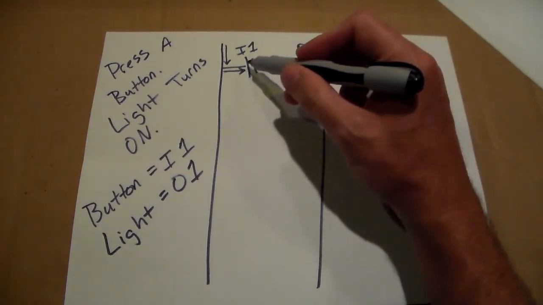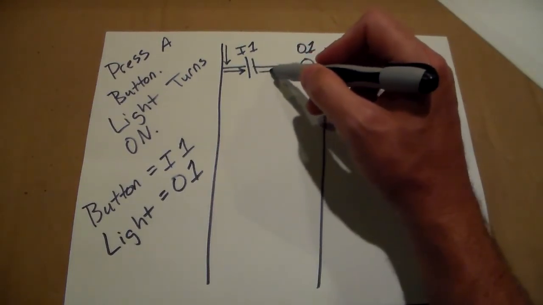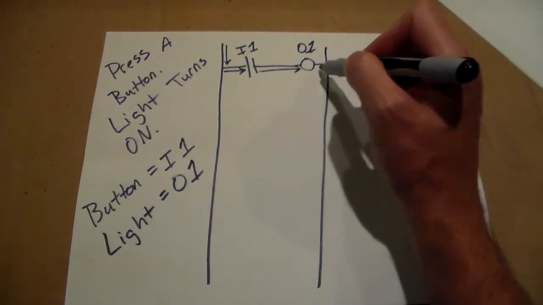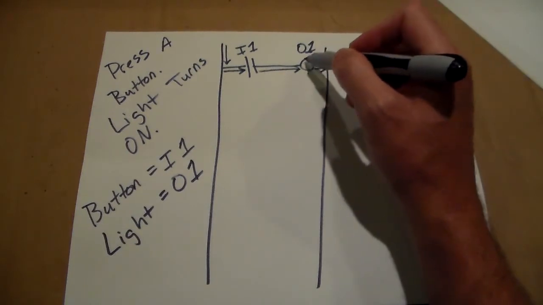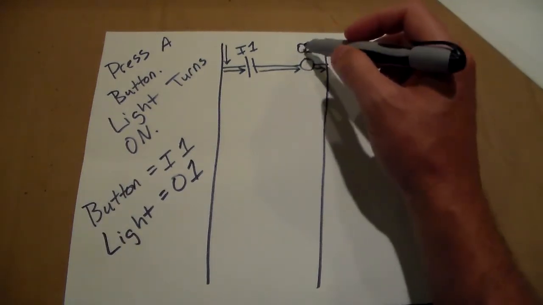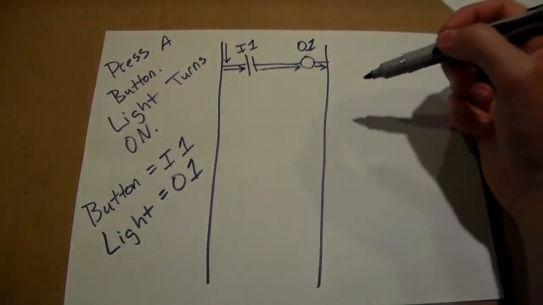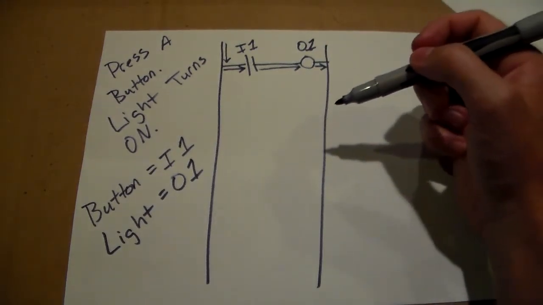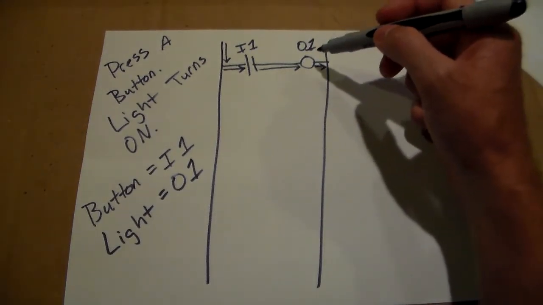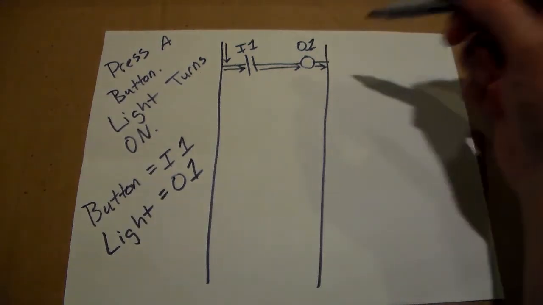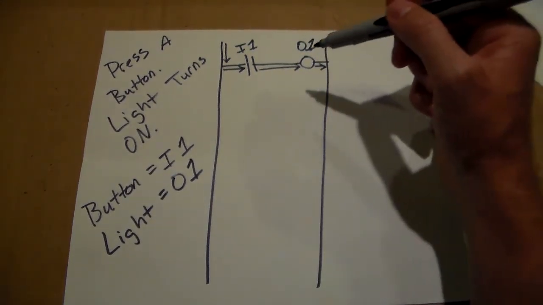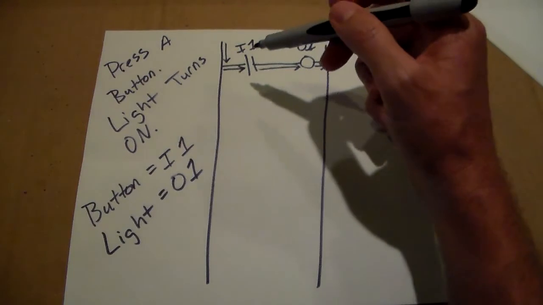When it gets to step 2, it's going to say, oh, I1's on, let me go ahead and let the logic flow, right? And it's going to say the output O1 needs to be turned on. Step 3 is actually update the outputs, which means turn power on the O1 terminal. So just simple as it can get.